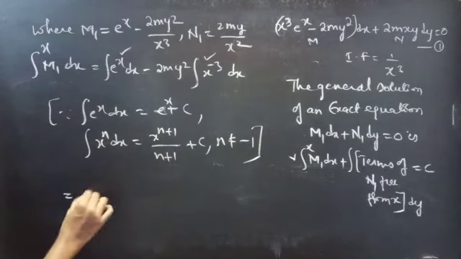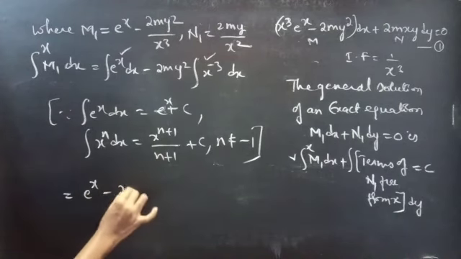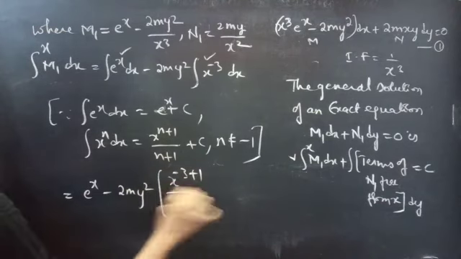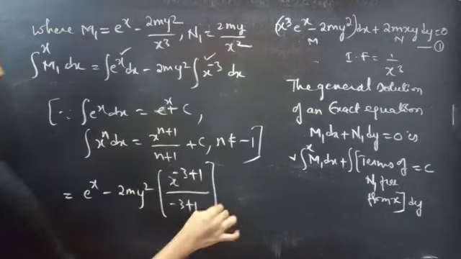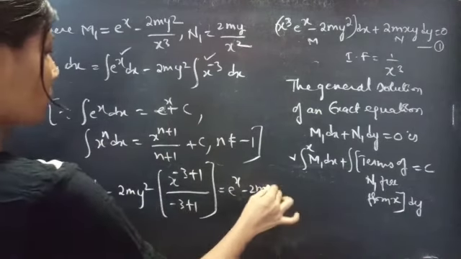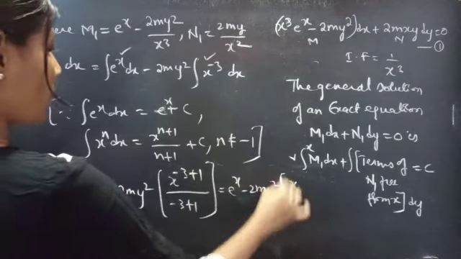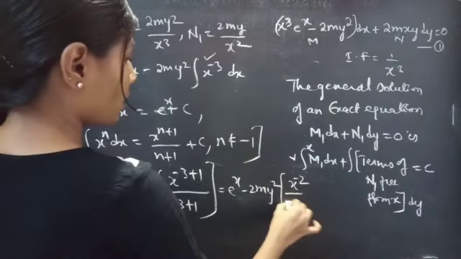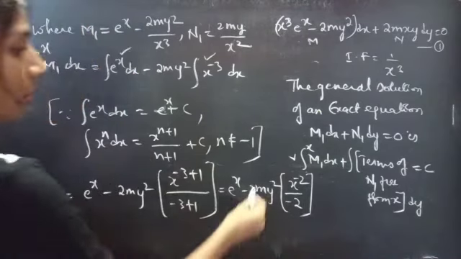So this becomes e power x minus 2m y square into x power minus 3 plus 1 by minus 3 plus 1, which equals e power x minus 2m y square into x power minus 2 by minus 2. Okay.